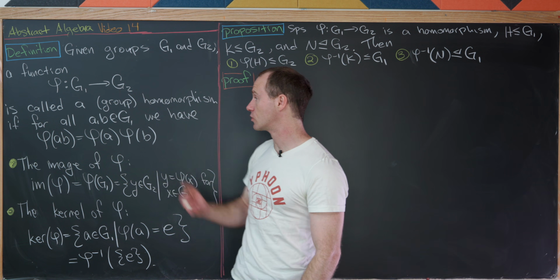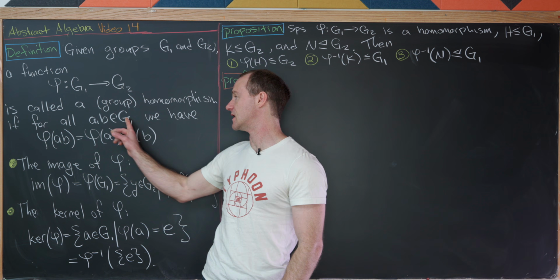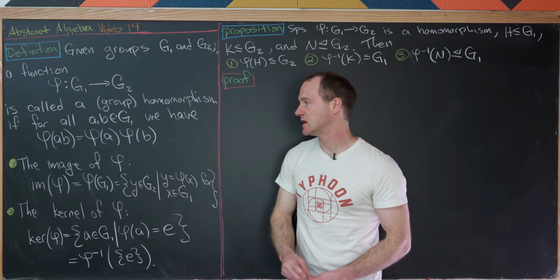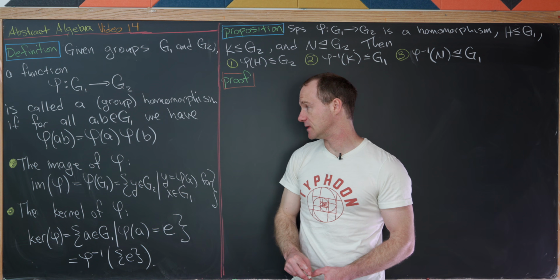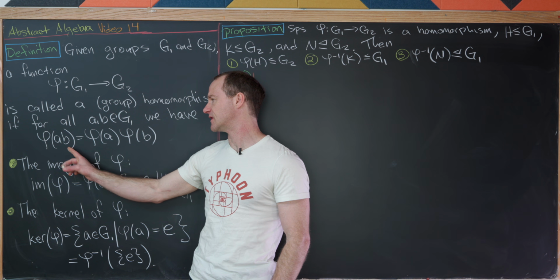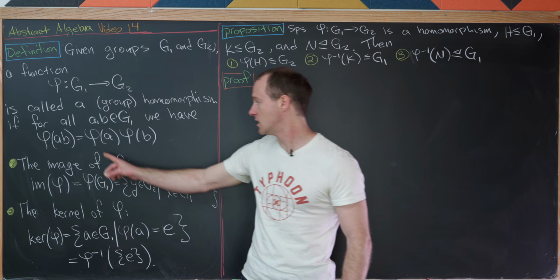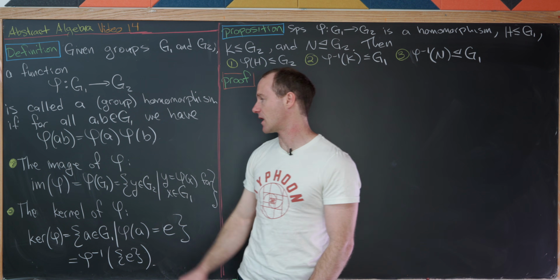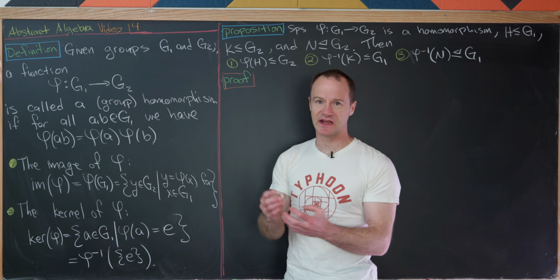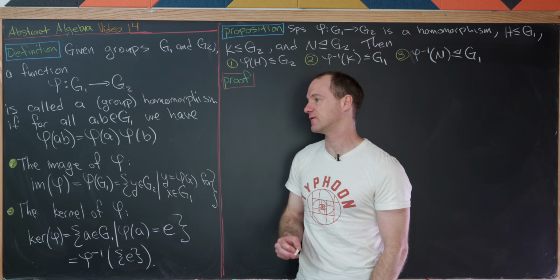Okay, so we call it a group homomorphism if for all A and B in G1, we have phi of AB is equal to phi of A, phi of B. Where this is understood inside here to be the operation inside of G1, but this is understood to be the operation inside of G2. So you've got this factoring action for this map phi.